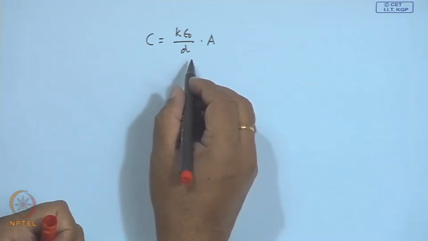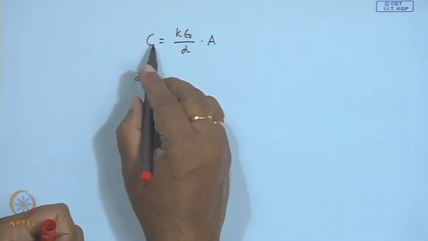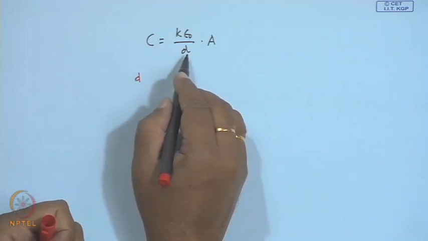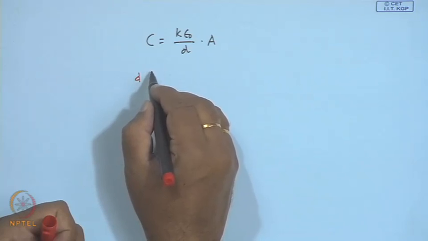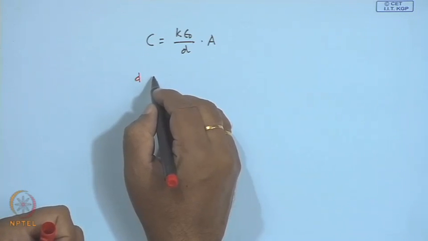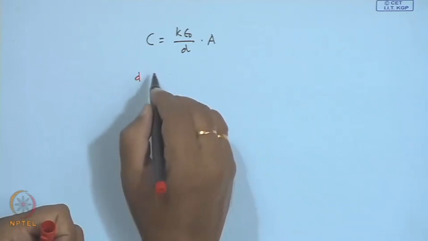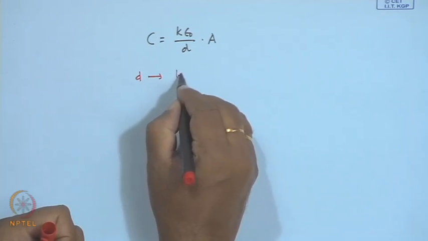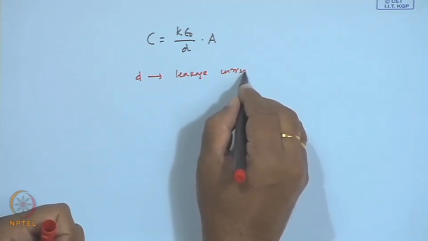So, what is the requirement? D can be made less to increase C, but if you make D very small, then there will be a leakage current problem. So, D is limited by the leakage current.